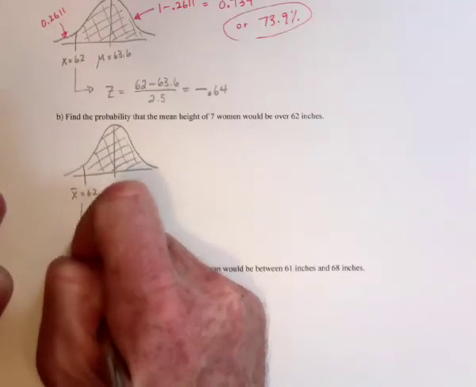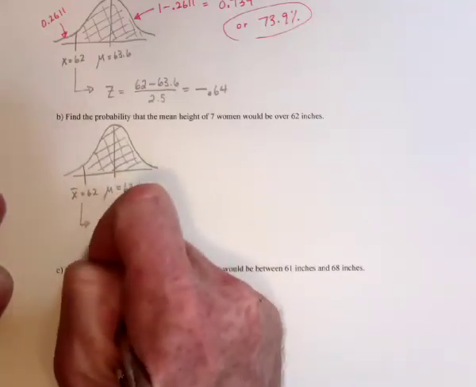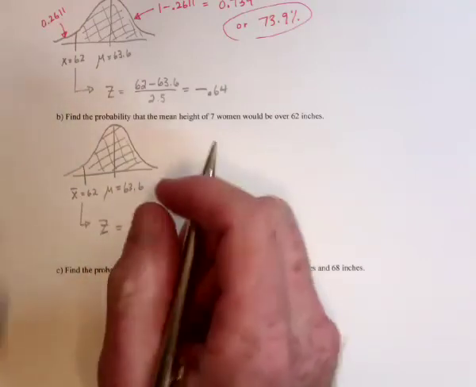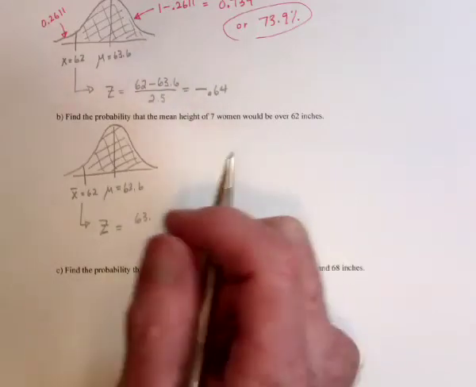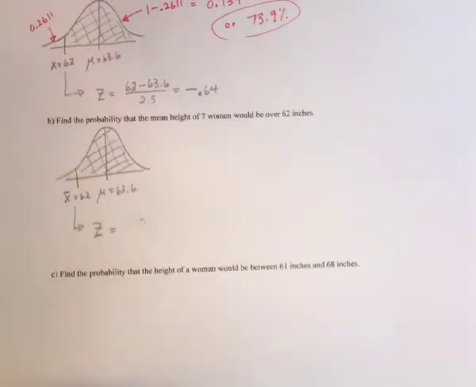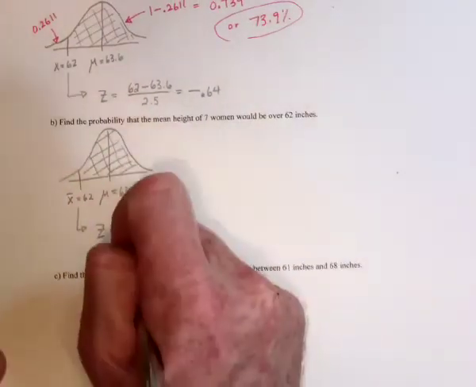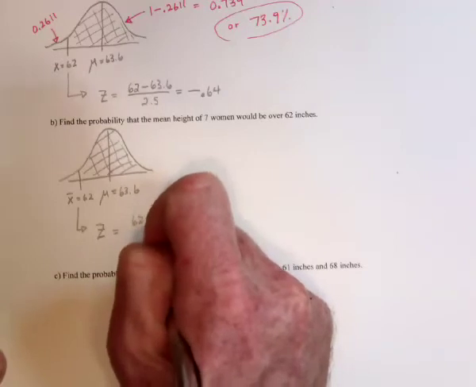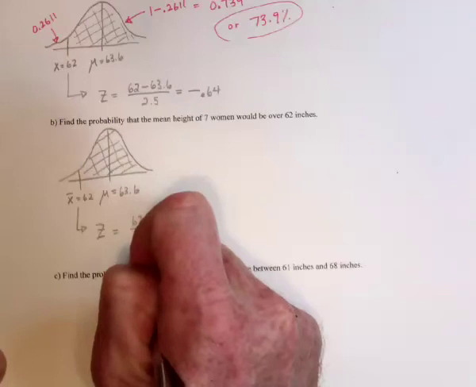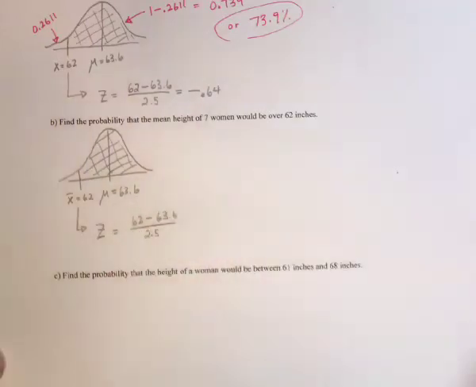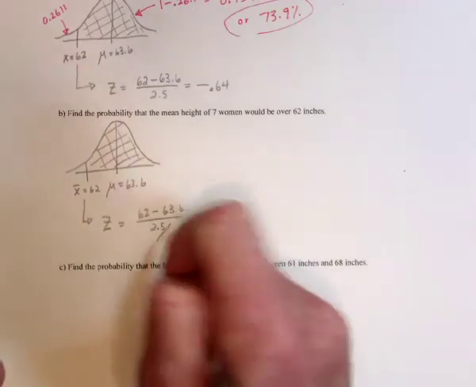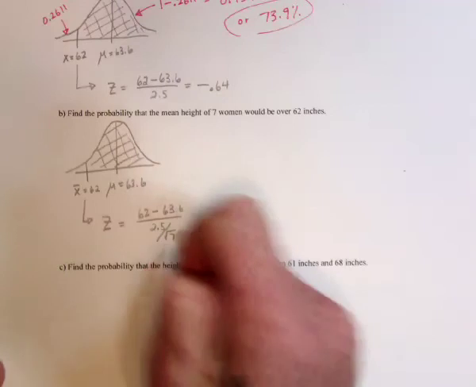Next step is the same thing, find the z-score. So take the score of 62 minus the 63.6, and then that gets divided by the standard deviation of 2.5. But then the difference is when you've got 7 people, you then divide that by the square root of the sample size of 7 people.